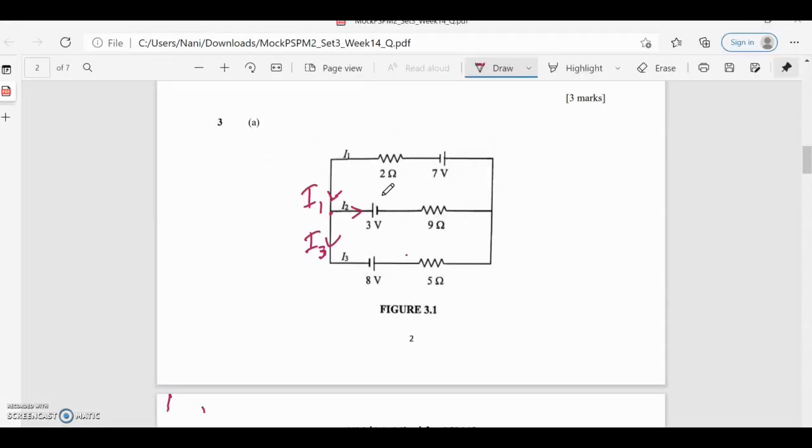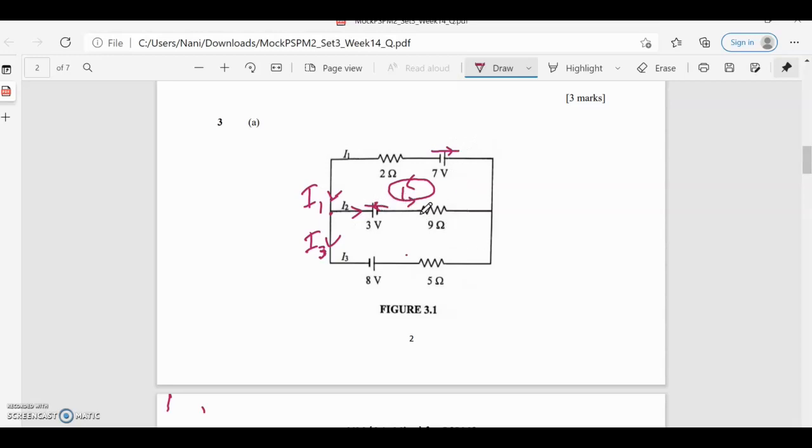Okay, and then we can apply Kirchhoff's second rule. At the top of the circuit, let's draw a loop. It doesn't matter if we draw clockwise or anti-clockwise, so let's just draw it as anti-clockwise. And then draw the direction of the EMF, which is from negative to positive.